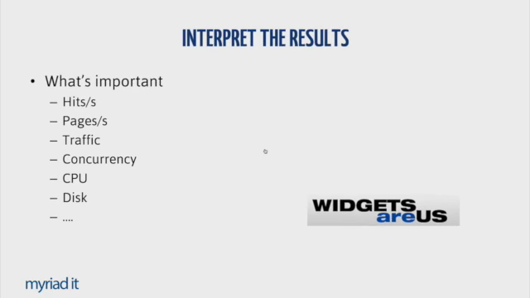And what's important, we did look at many of the graphs and forms in the previous section. We saw that the metrics that are important from an end user perspective are hits per second and pages per second and the kilobytes per second. So that's really measuring what the end user is seeing from the ERP.